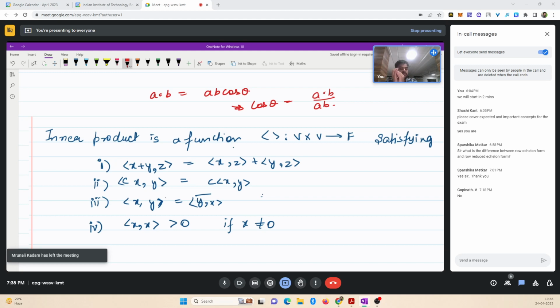If you had two vectors which were perpendicular to each other, then the dot product between these two vectors must be 0. Similar to that, if the inner product between two vectors is 0, then you call those two vectors perpendicular, or in generalized form we call them orthogonal.